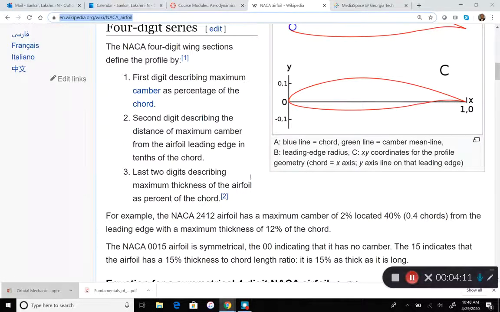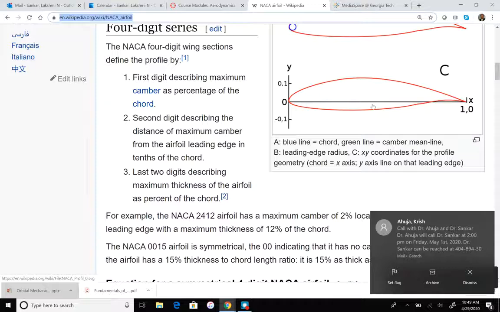Obviously, we want a very thick airfoil, if possible, because then structurally you could put all the structural elements inside the airfoil to make it very strong in bending and torsion. You could also have a large storage area for fuel tanks. You will also have some real estate for putting actuators and so forth for actuating flaps and ailerons. So we'll try to get a very large, thick airfoil.